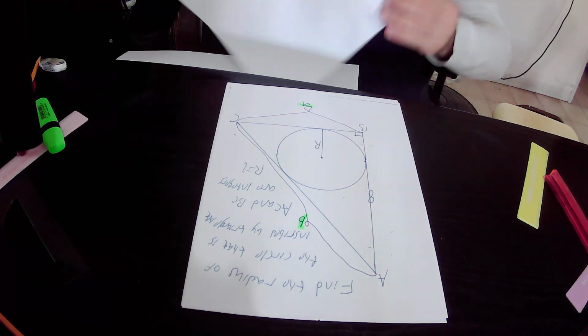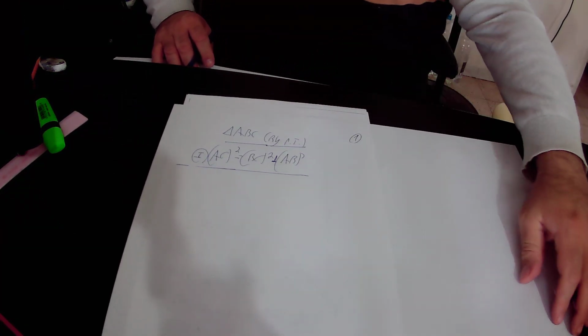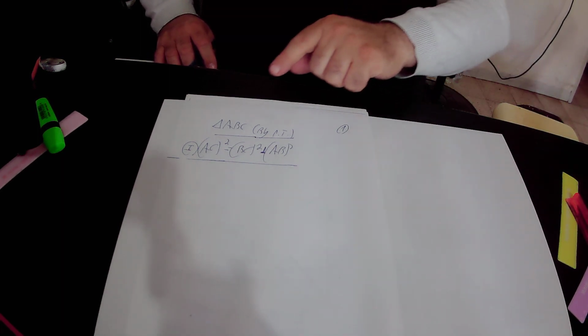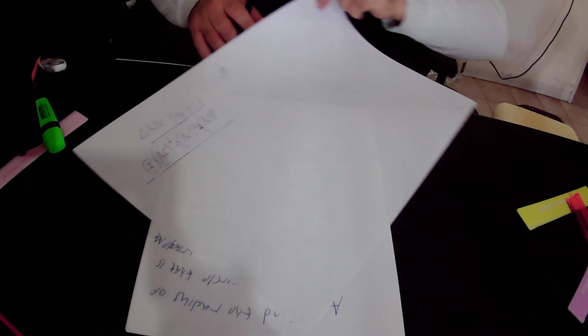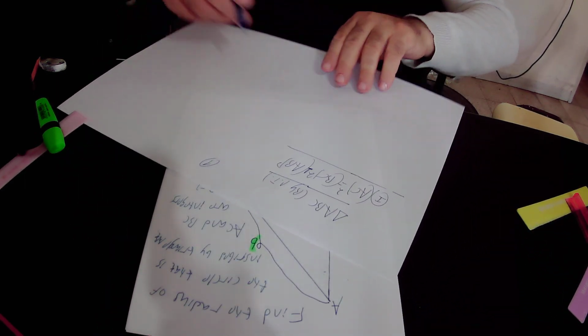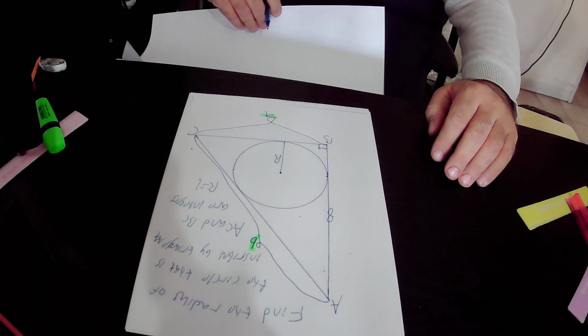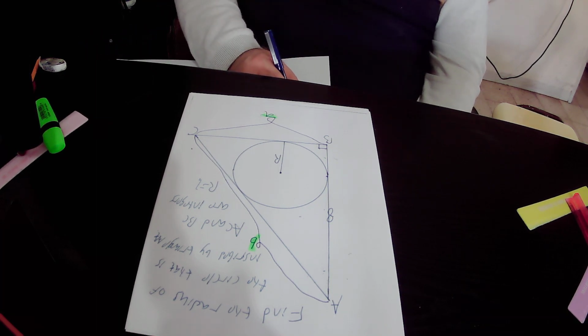I'll repeat again. In the right triangle ABC, AC squared equals BC squared plus AB squared. AC equals B according to our definition, therefore AC squared is B squared.